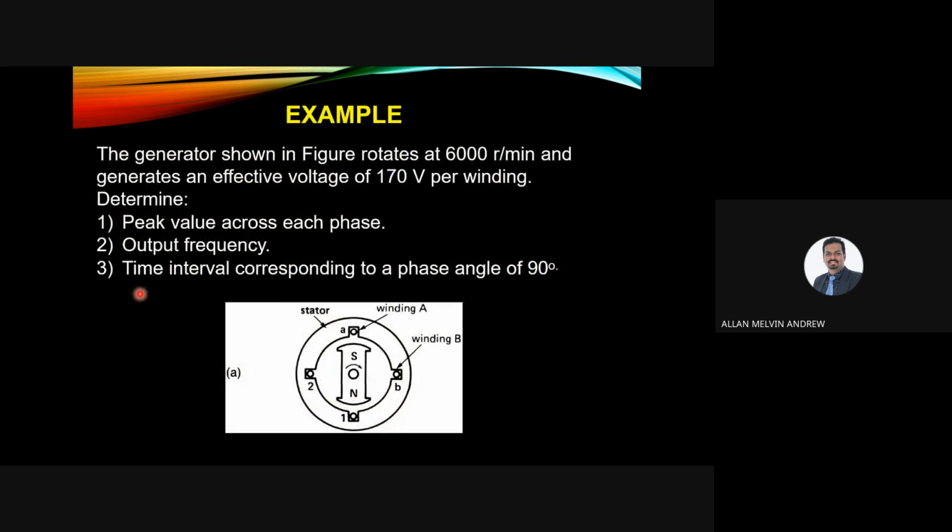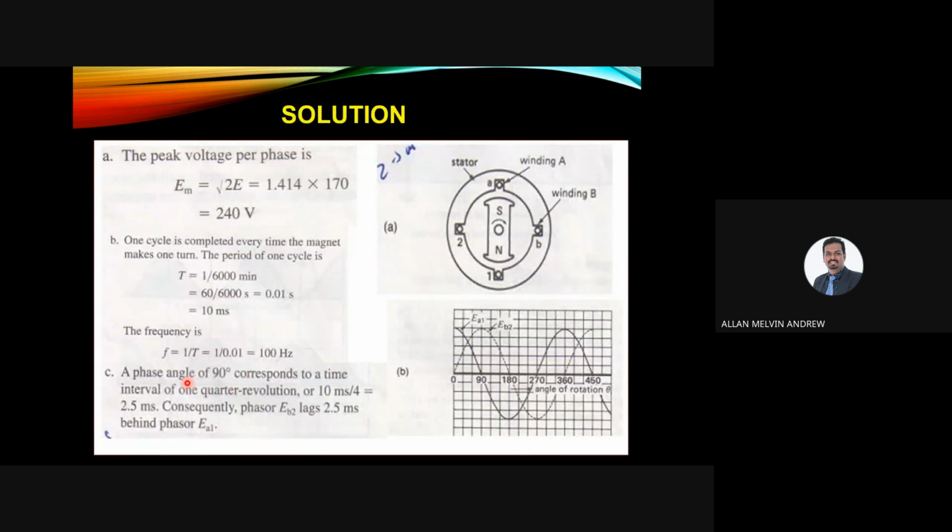Then the time interval corresponding to a phase angle of 90 degrees. A phase angle of 90 degrees corresponds to a time interval of 1/4 revolution. We know one complete cycle is 10 milliseconds.